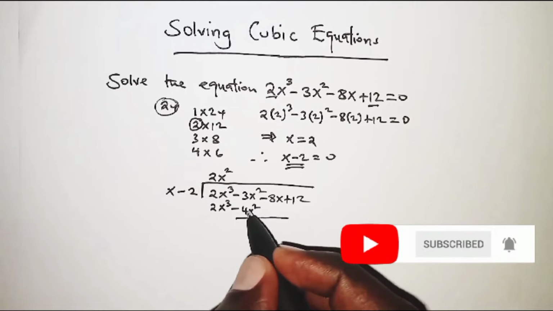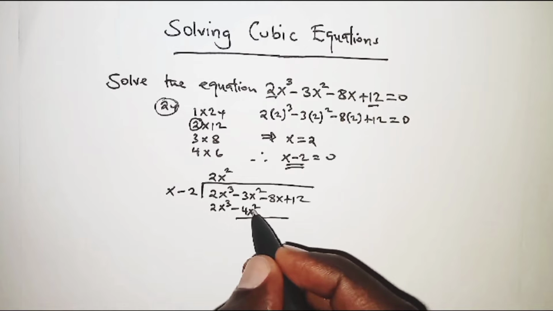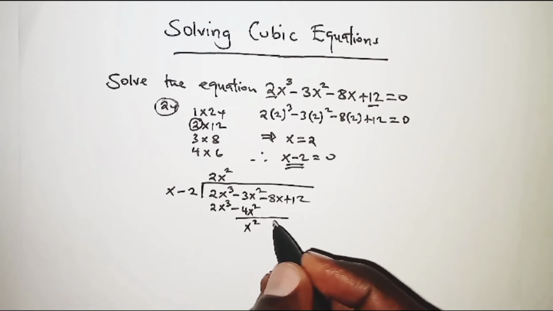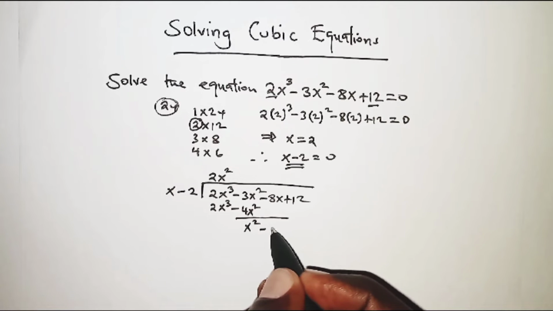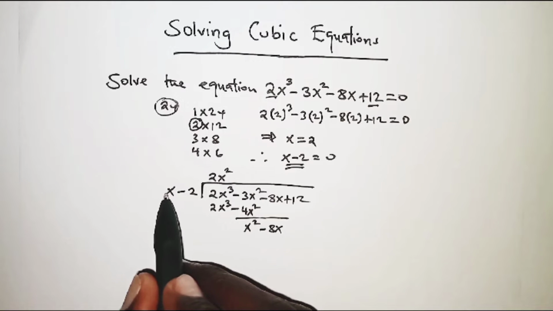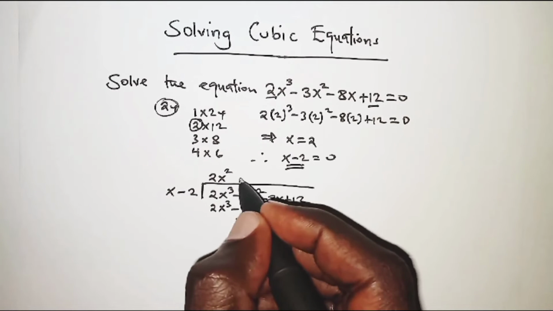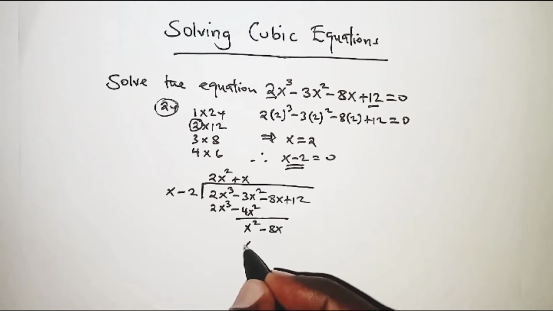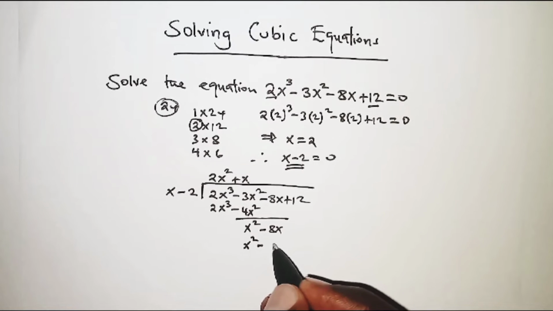Again, subtracting, minus 3x squared minus negative 4x squared, that should give us positive x squared, and then we drop negative 8x here, so we have minus 8x, and then x minus 2 into this, so we have plus x, then x by x minus 2, we have x squared minus 2x.